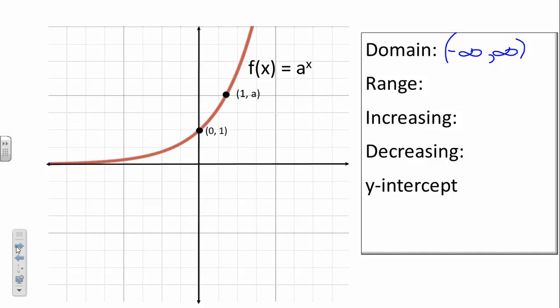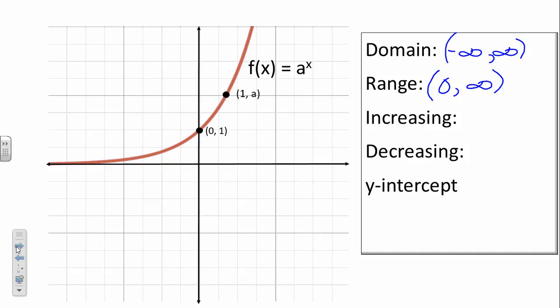Greater than 0, can it be equal to 0? Not quite, right? Because as this power gets really, really big and negative, it's going to make a really, really tiny fraction, but it will never quite reach 0. Okay? So this one will be from 0, not including 0, to positive infinity.